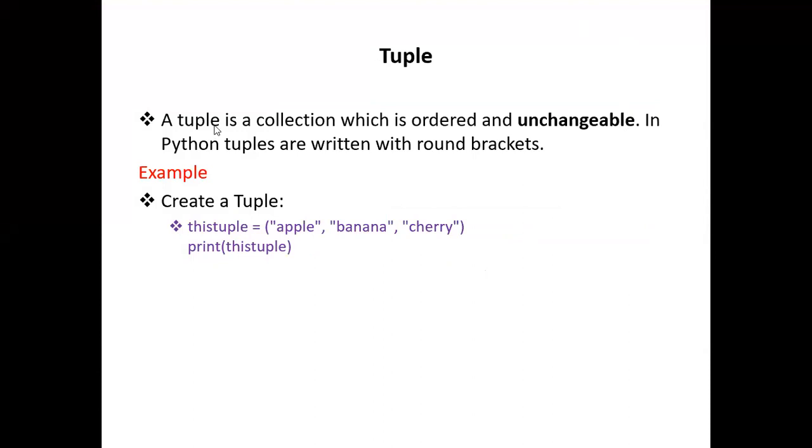Now tuple, it is a container data type. It is a collection of elements, all are ordered and unchangeable. What is the meaning of unchangeable?